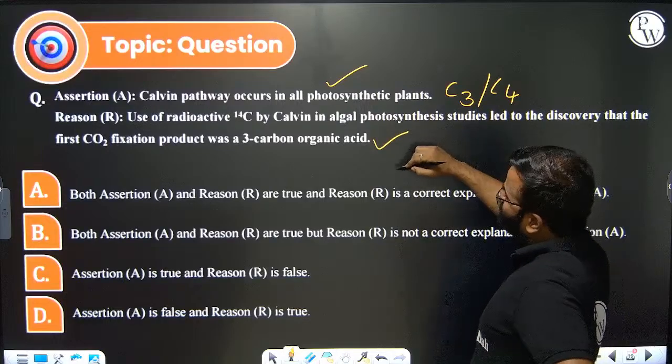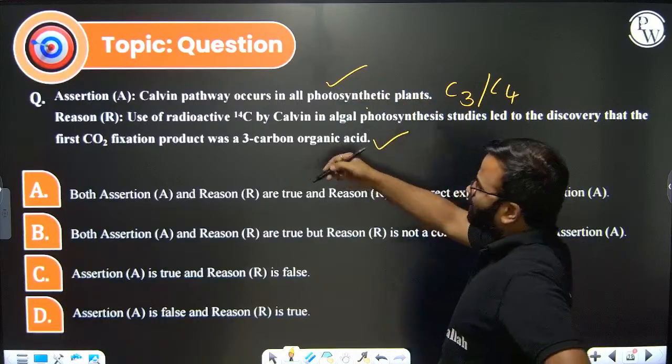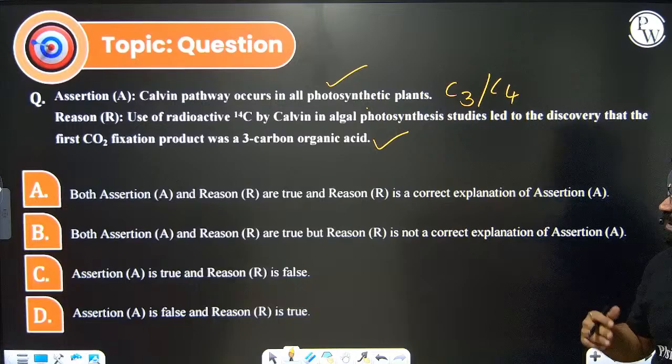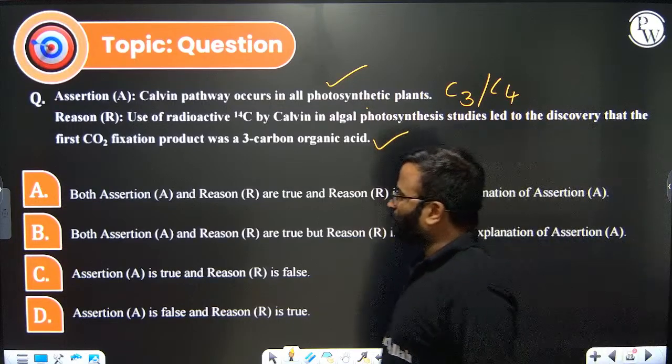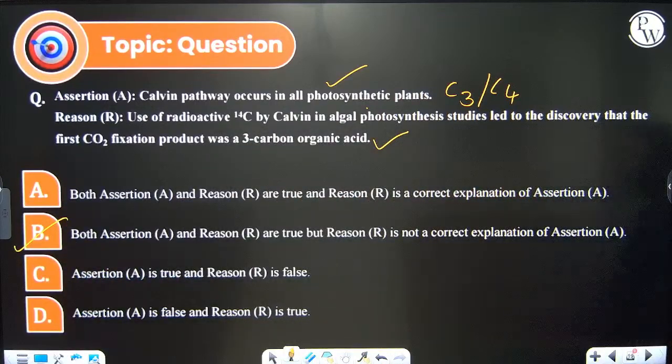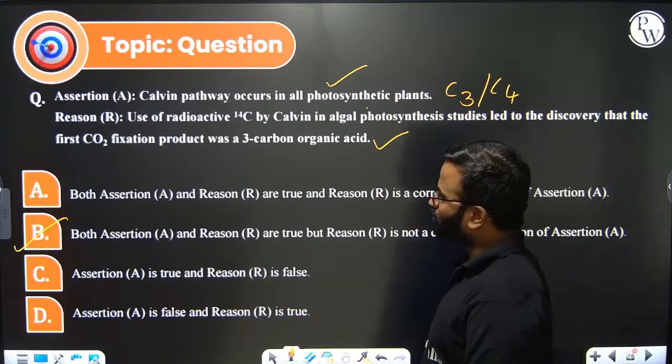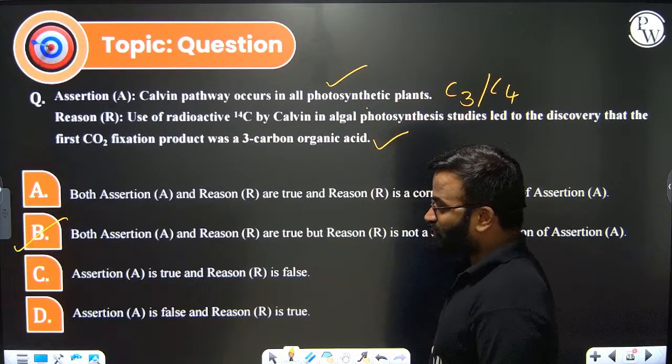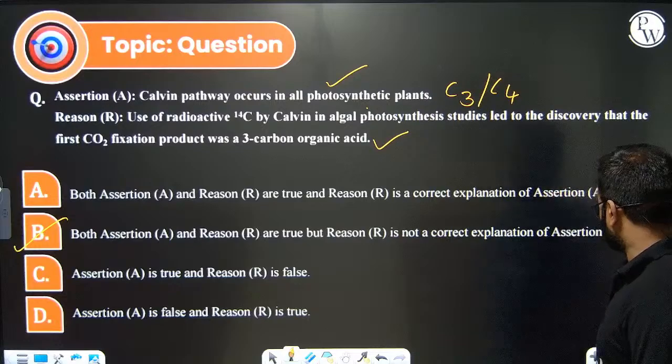But is it explaining why the C3 pathway occurs in every plant? I don't think so. So I would rather go with B. Both the statements are right, but it is not explaining the assertion as such. So the 19th question is B.